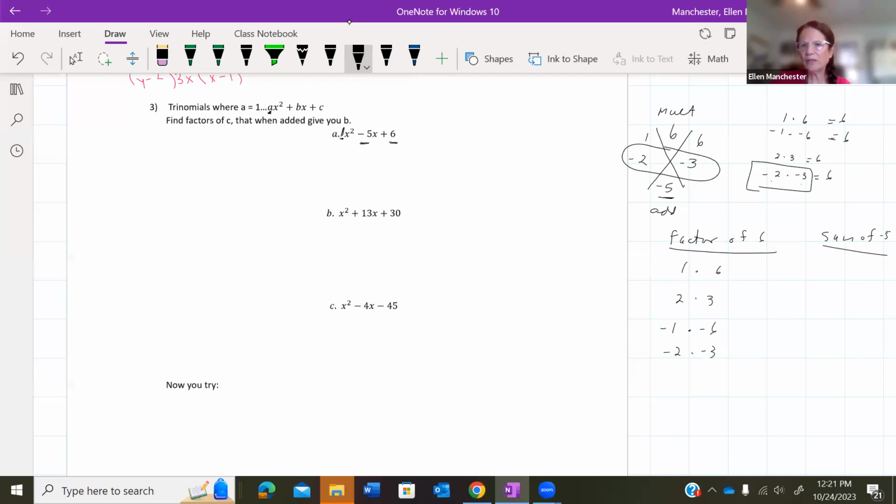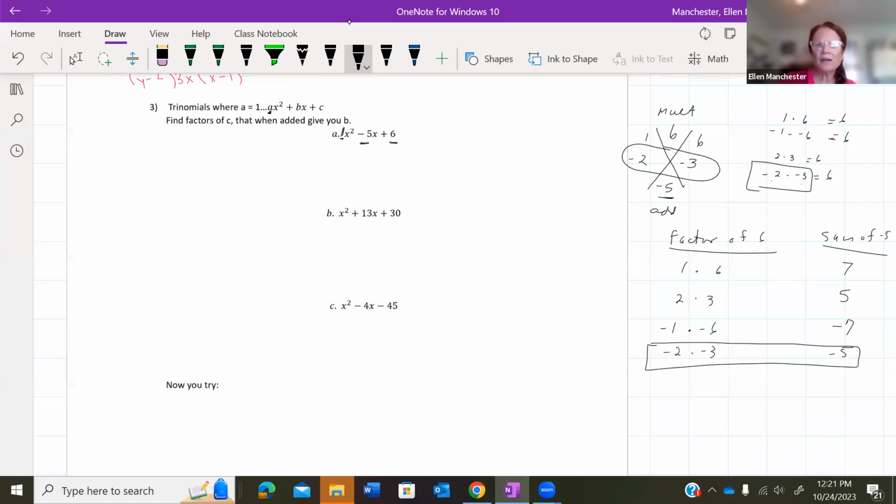So 1 plus 6 is 7, 2 plus 3 is 5, -1 plus -6 is -7, and -2 plus -3 is -5. So this tells me that my factors are -2 and -3. You need to find a technique that works for you. If you can just do it in your head, good for you, that's awesome. But if you need to write it down, these are two techniques that you can use.